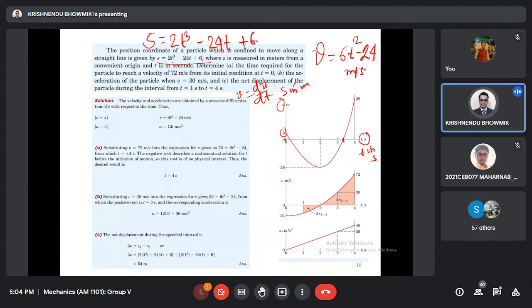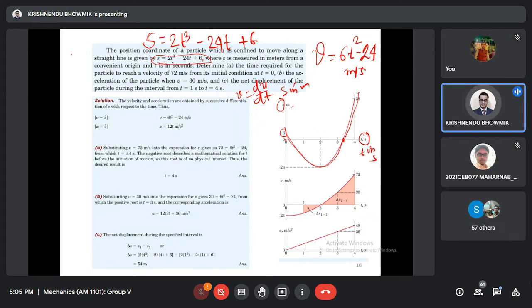This parabolic expression you can draw using Excel, MATLAB, or different software, or on graph paper. This is the s variation. So somebody can get v equals ds by dt.